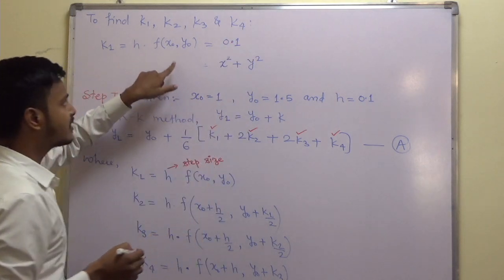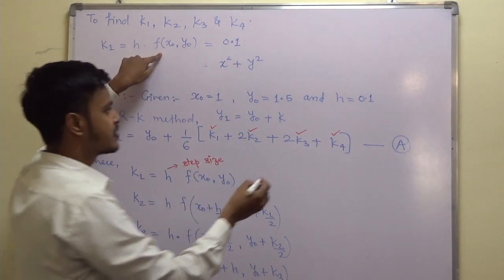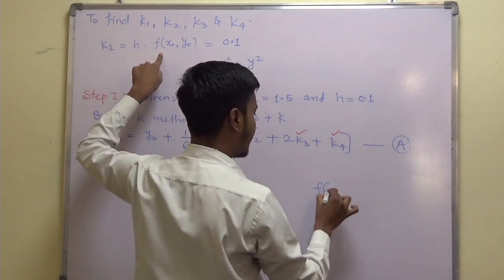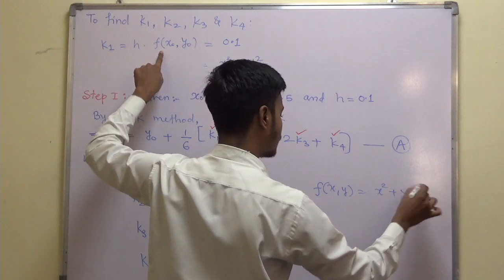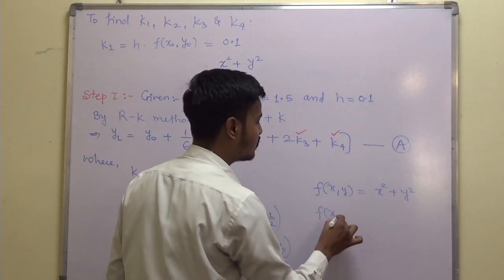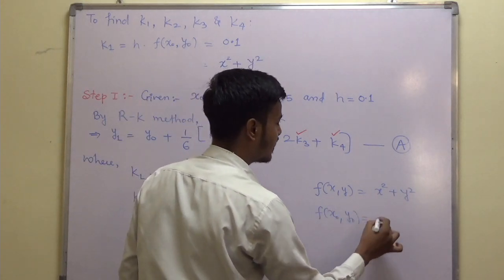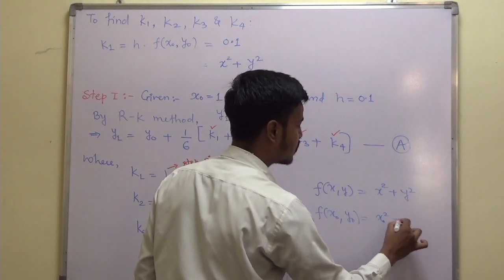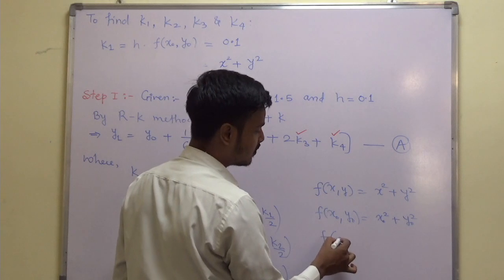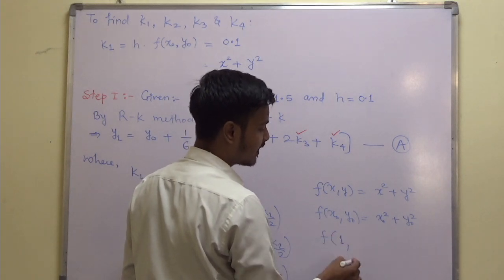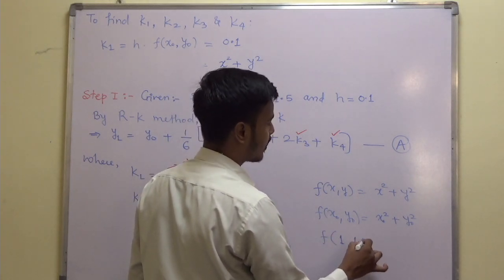Now students get confused how to find this. As you all know, f of x, y is x square plus y square. So f of x0, y0 is x0 square plus y0 square. And what is the value of x0? x0 is 1. What is the value of y0? 1.5.